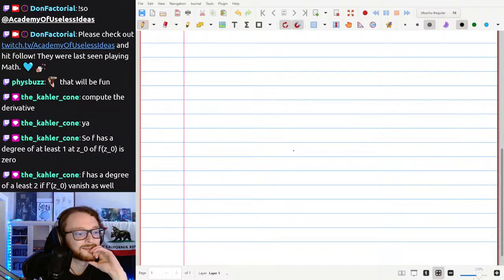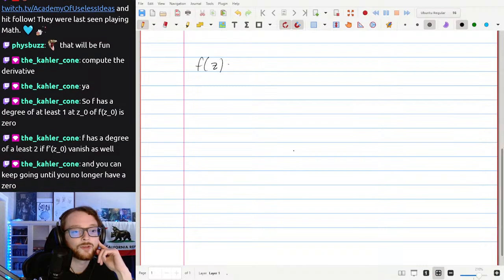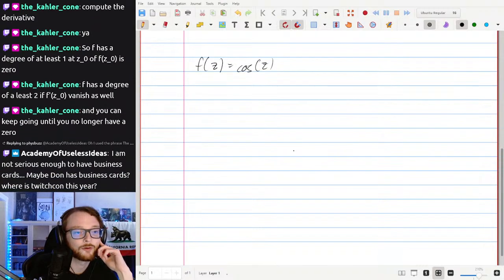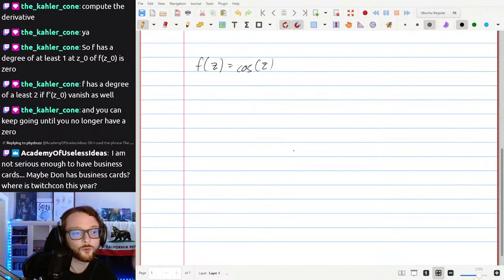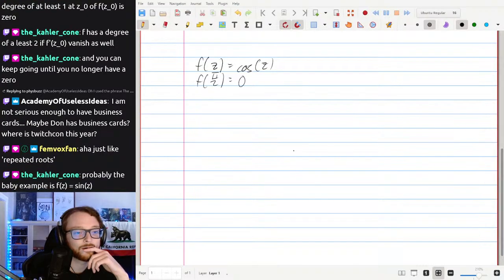Okay, so if we're saying f of z just equals cosine z, just to make life even easier. We're interested in the order of, say, pi over 2 as an example. F of pi over 2, that's already 0.